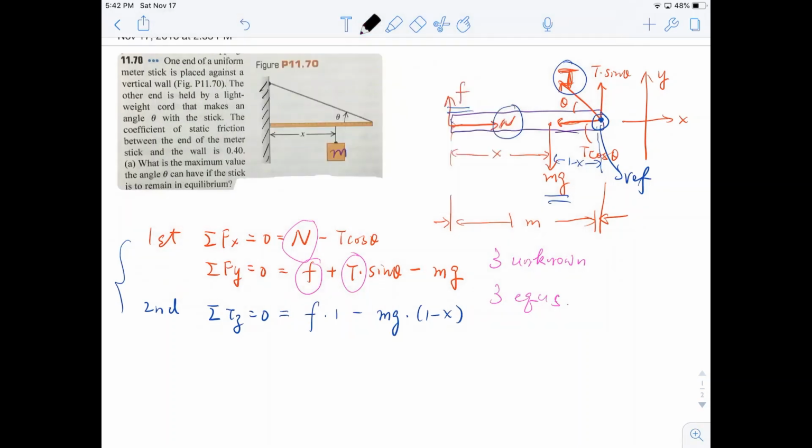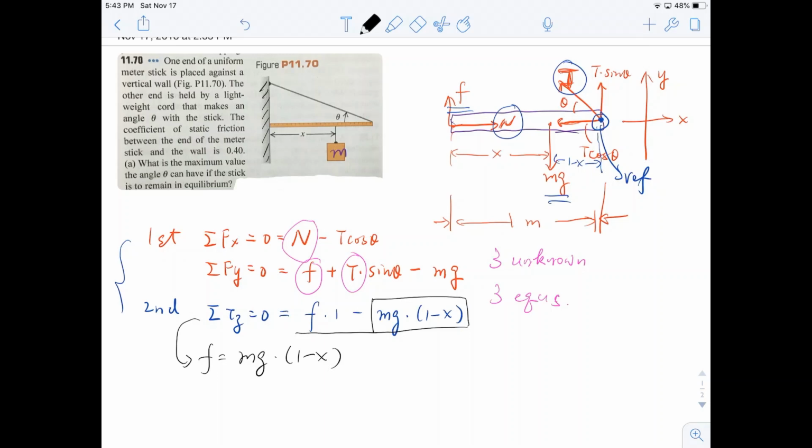With this equation, we can already solve for the friction force. You move this to the left hand side, and the friction force will be mg times (1 minus x). So we already solved this, this is the friction force.